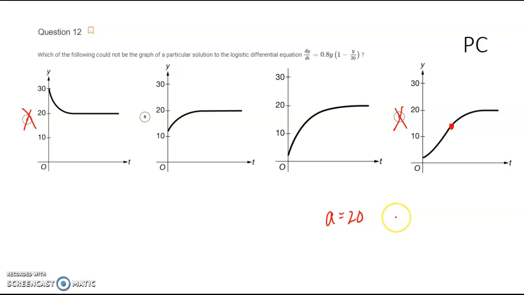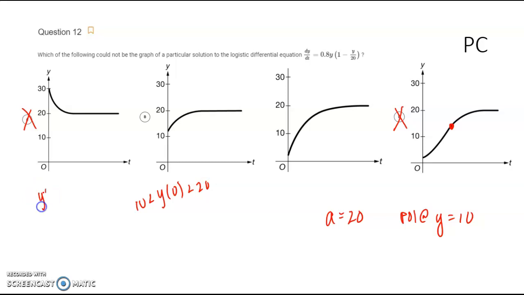If my graph is going to change concavity, it has to occur when y is equal to 10, so point of inflection at y equals 10. Well, if I look at the graph in part B, y never equals 10. So here it means my initial population is somewhere between 10 and 20.